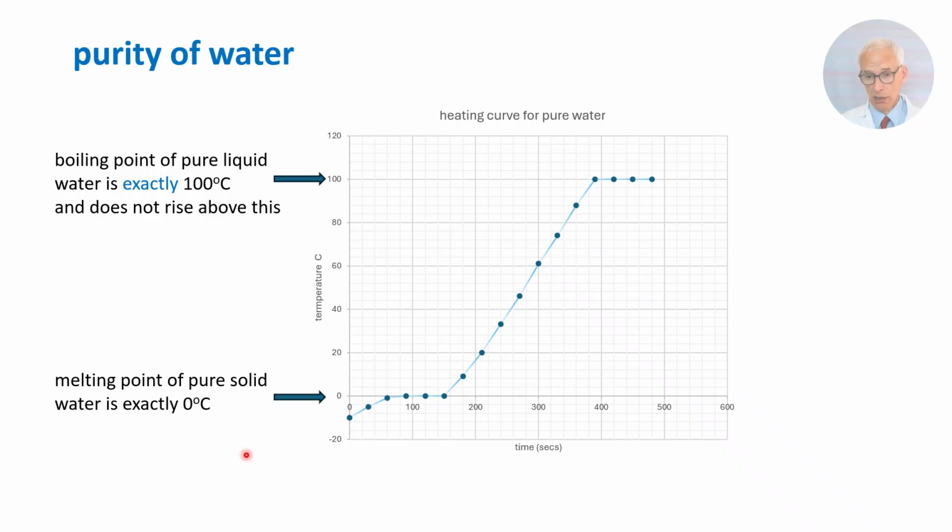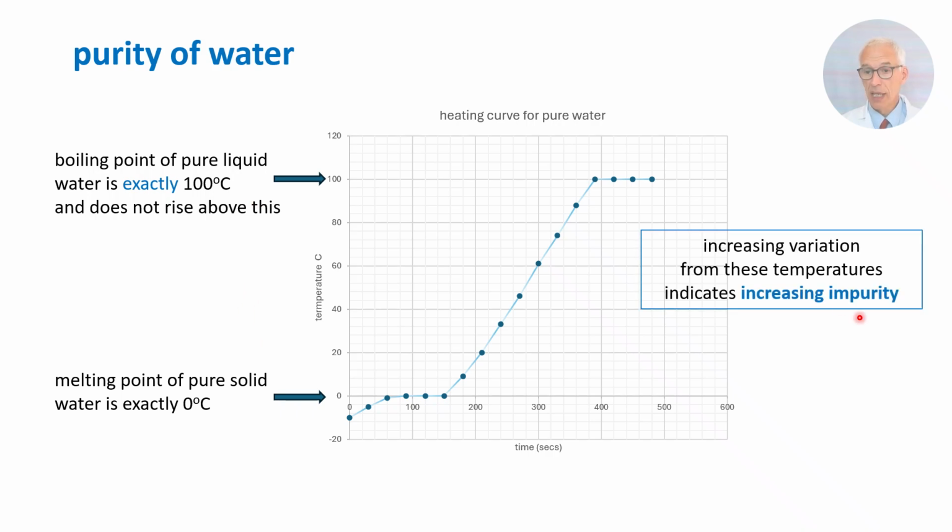So if we have a substance, we map its temperature as we heat it over time. We get a plateau which tells us the boiling point and an initial plateau which tells us the melting point. If there's 0 and 100, we have pure water. However, the further there is variation from those two temperatures, the more impurity we have. So increasing variation means increasing impurity.